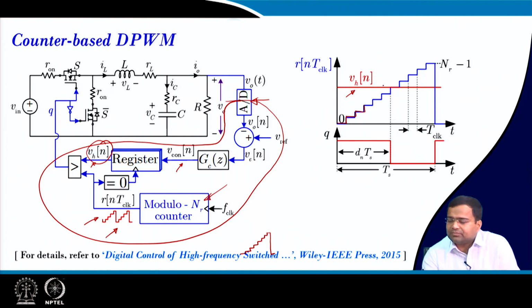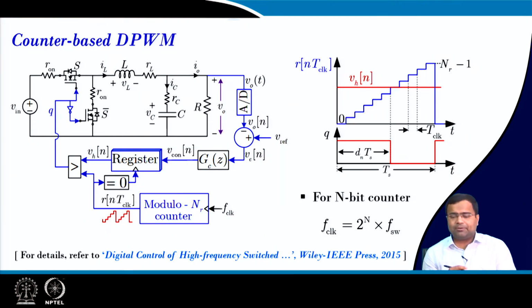But remember that this value of VH can change only in increments of this step, it cannot take any in-between value. If the resolution of VH is higher than the DPWM, you can also get in-between values. So it is recommended that the resolution of VH should be the same as the resolution of this staircase, so that you can map to any of these numbers. When they are equal, you are shifting the register, that means you are storing in the new value, so you are updating.